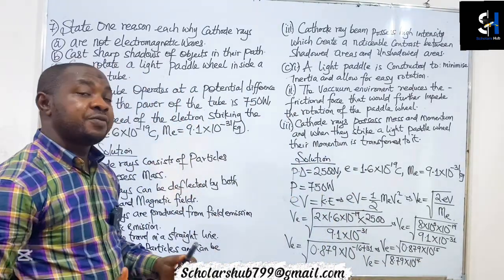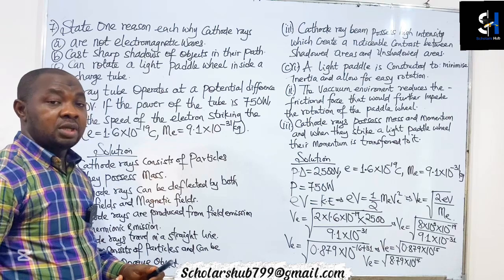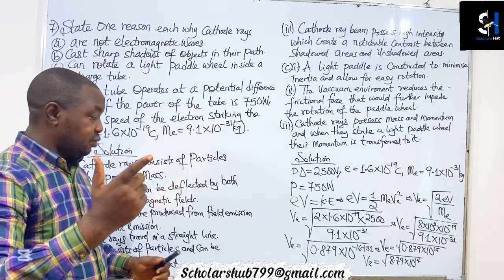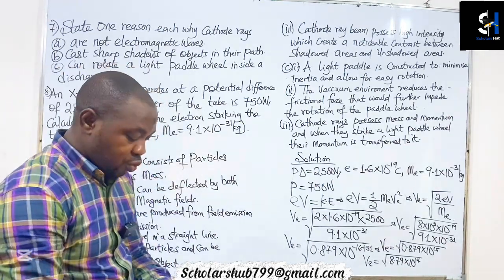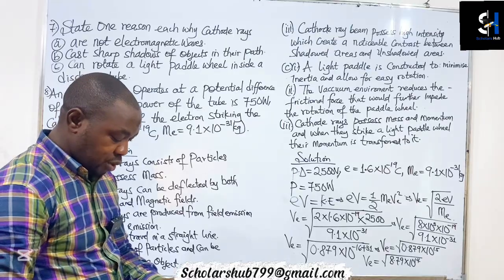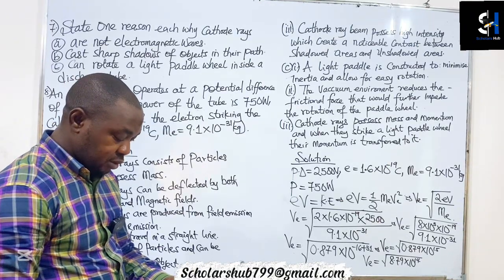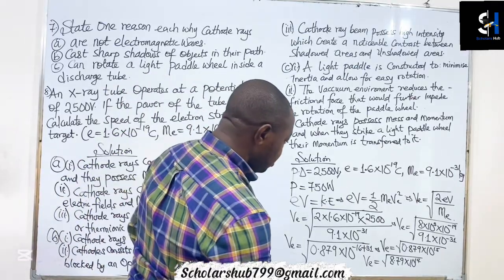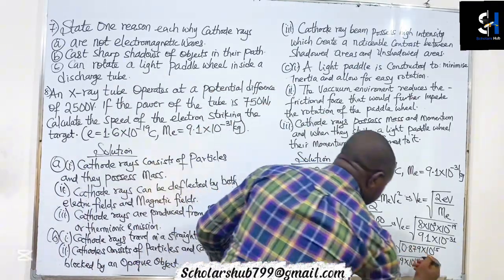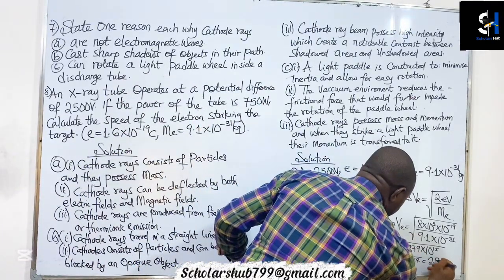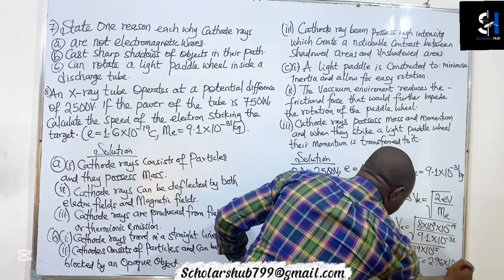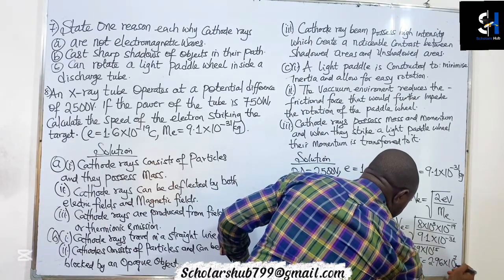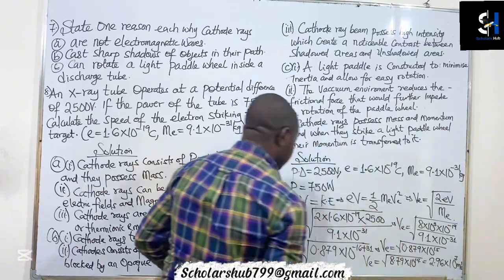The square root of 10 raised to the power of 14 will be 10 raised to the power of 7. The square root of 8.79 will be 2.96. So this will be 2.96 multiplied by 10 raised to the power of 7 meters per second.